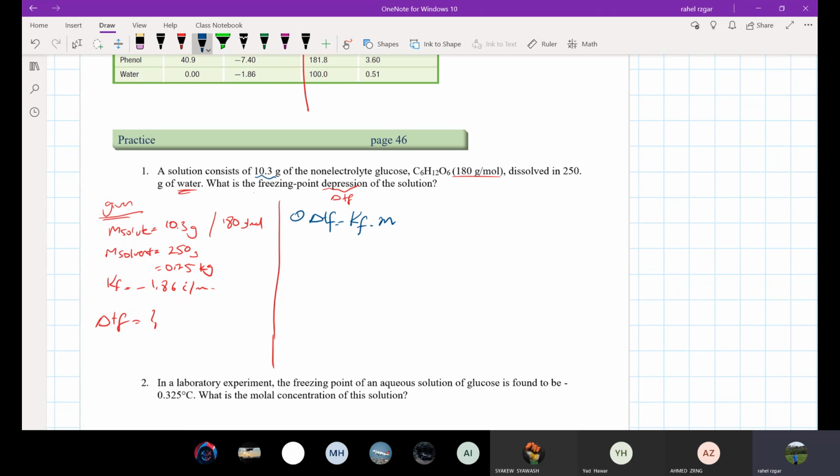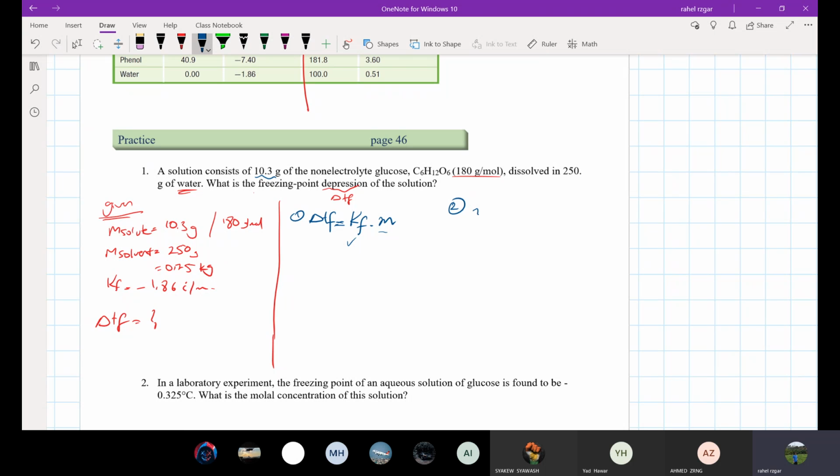Kf times molality. We know Kf, but we don't know molality. Where can we find molality? We will find molality just like in section 3, chapter 1.